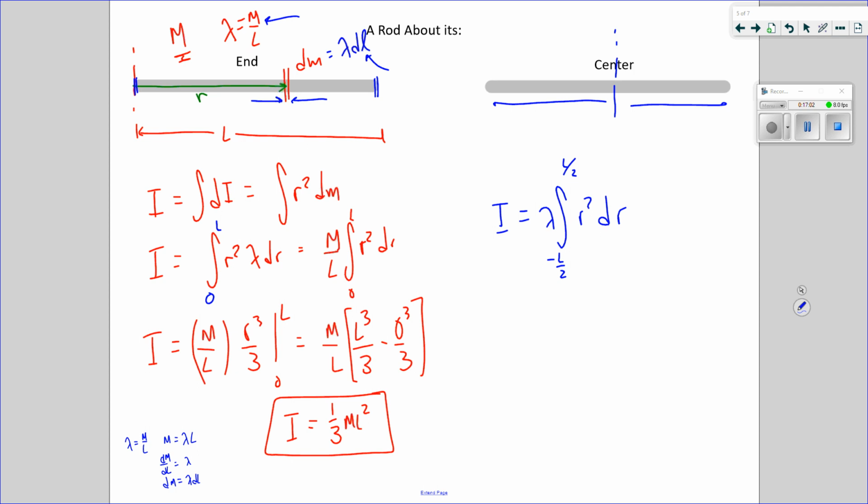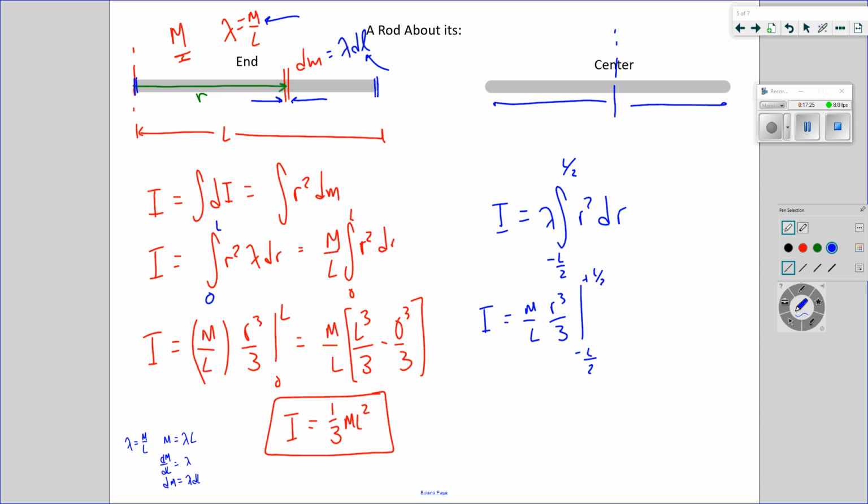So that's m over L, r cubed over 3 from negative L over 2 to positive L over 2. That should be, yep, okay, fine.